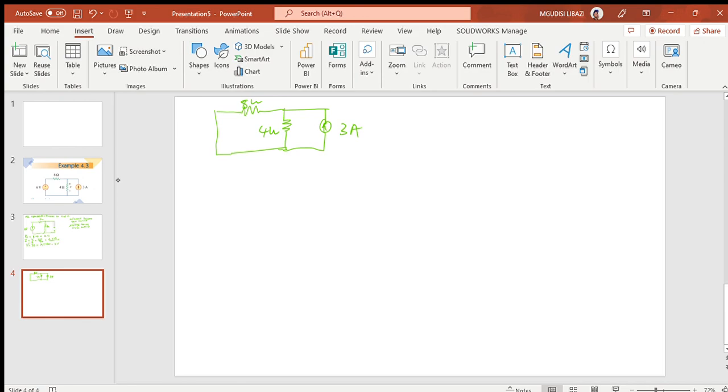The current at 4 ohms is 8 divided by 8 plus 4, the other resistor over the total, multiplied by 3. So 8 over 8 plus 4, multiplied by 3, gives 2 amps.